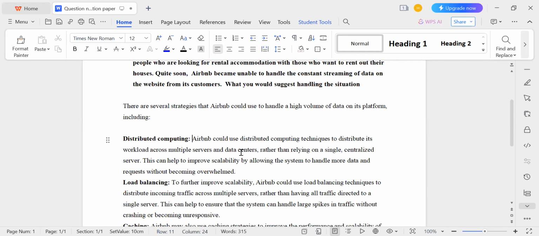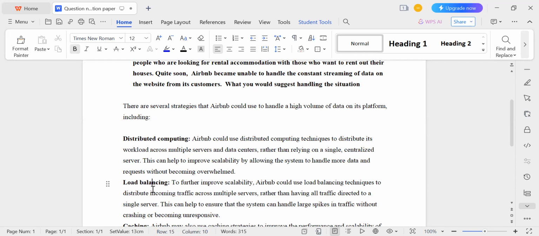So with more servers, it will handle more data and more requests without getting any burden. It can handle more data because it is having multiple servers. So this type of computing is called distributed computing. Using this strategy, it can handle the situation.